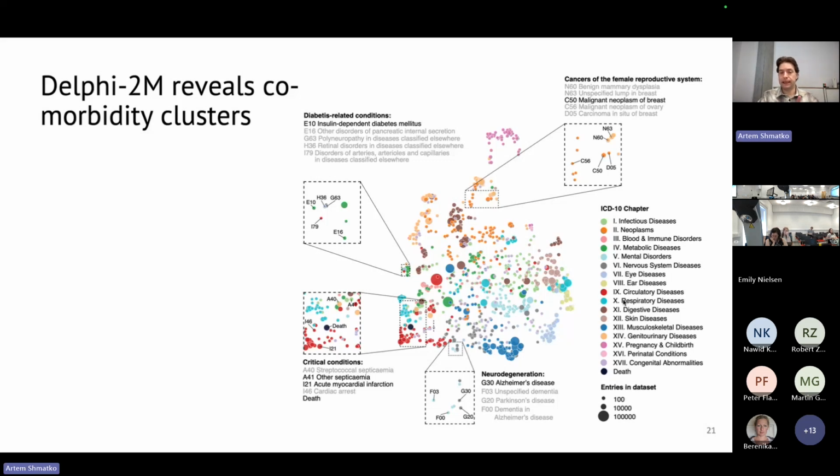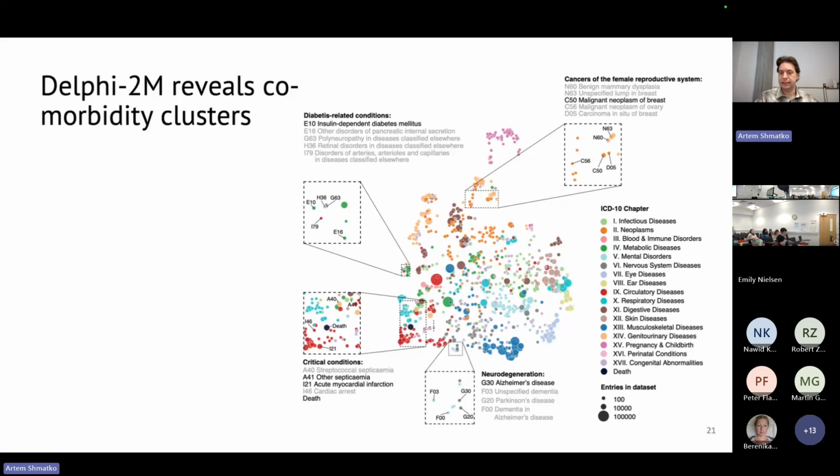So here we have this UMAP, and each dot represents a disease, and the dots are colored by the ICD chapter. So eye diseases, cancers, skin diseases, and so on.